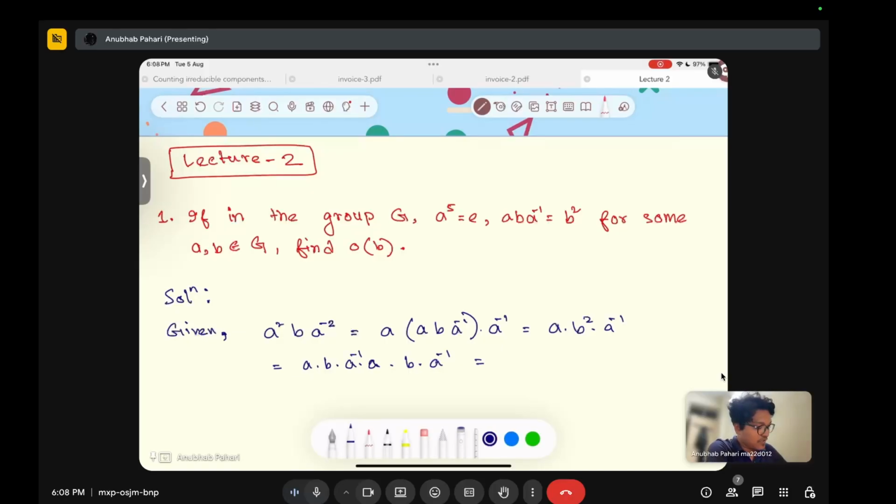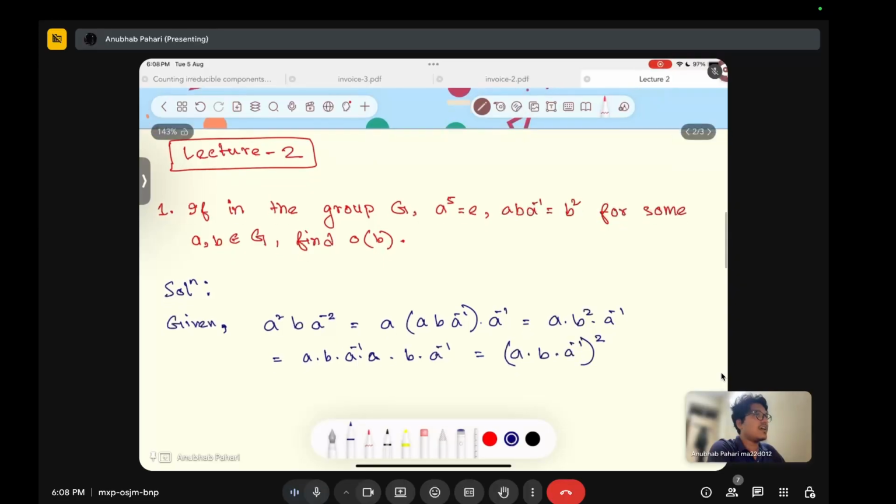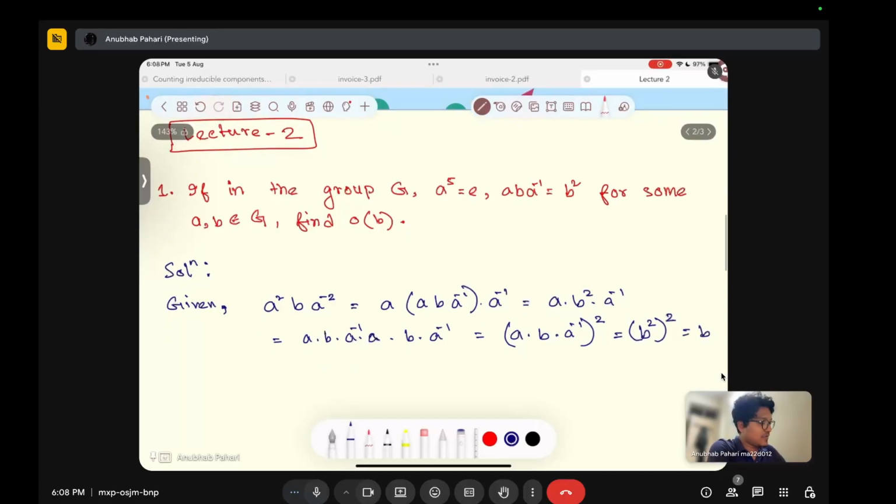Then these two terms are identical, so we take the square, and it should be b square of whole square, and that is b to the power 4.